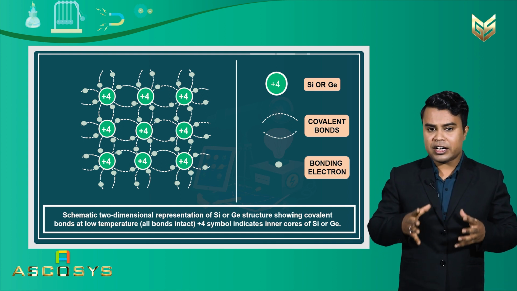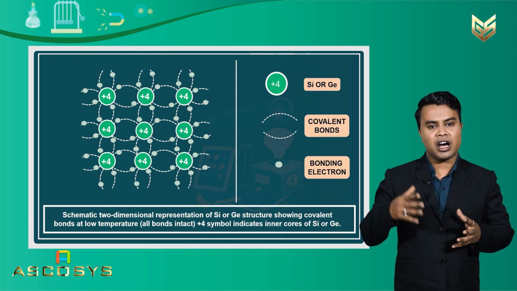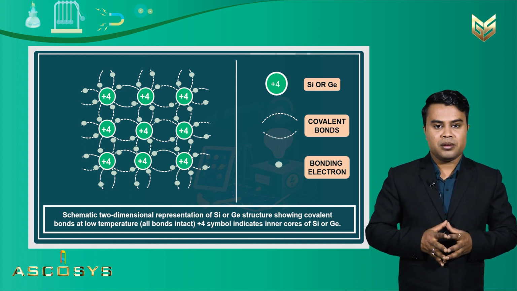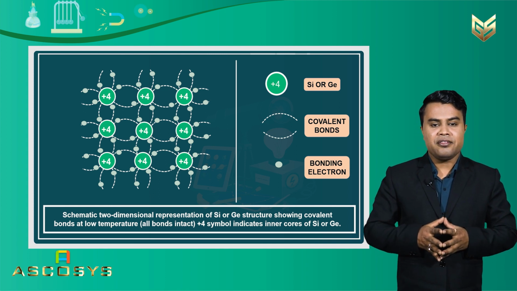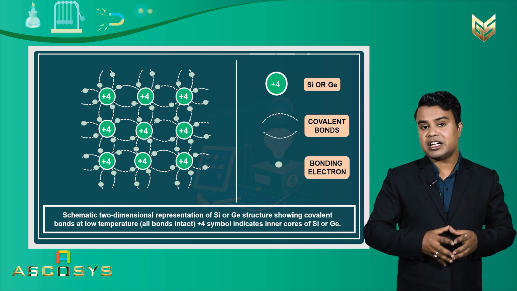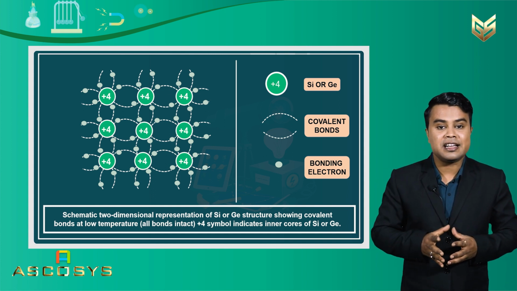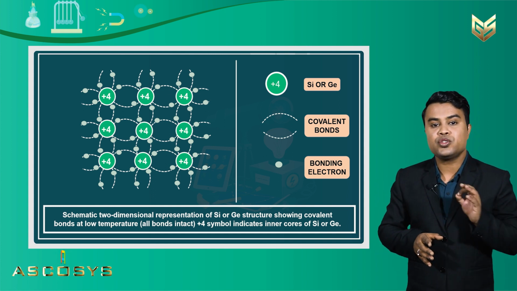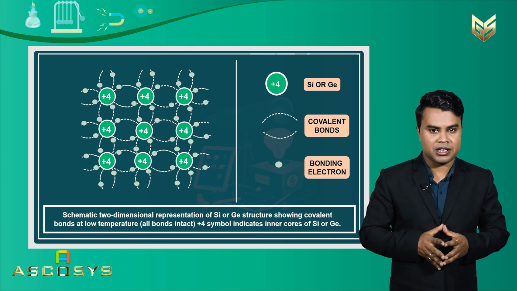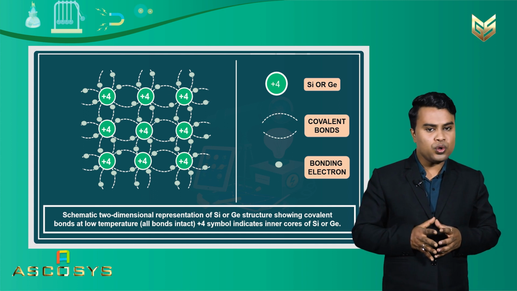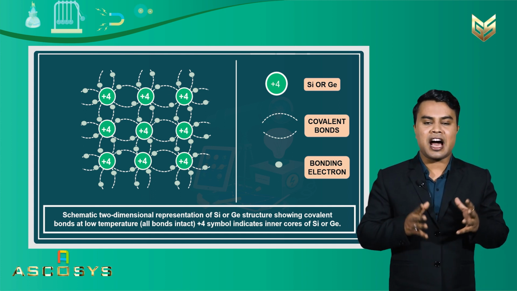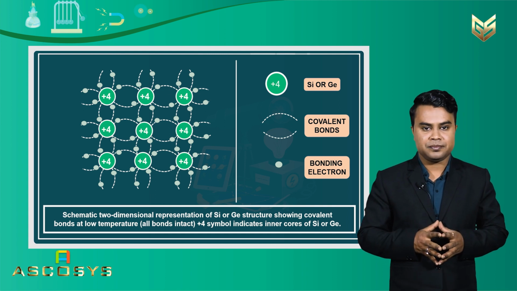All the 4 electrons will share covalent bonds with the other atoms present in that particular system. Now, in case of intrinsic semiconductor, there are no foreign particles added to it. We say there is no doping. Remember the word doping, I will make you understand in extrinsic semiconductor. So since there is no doping, no addition of impurities, this type of semiconductor is called intrinsic semiconductor.